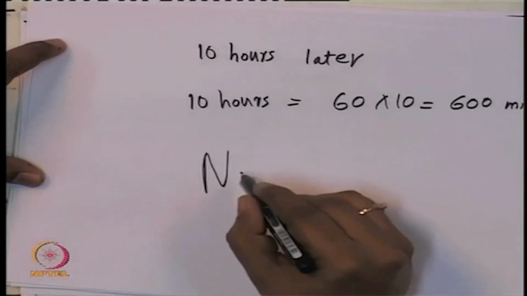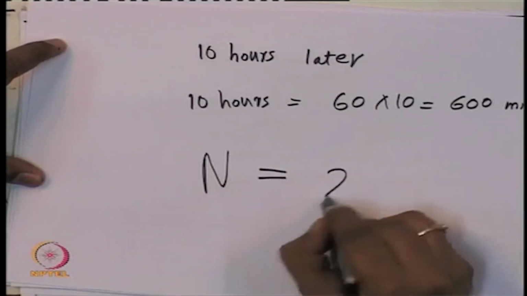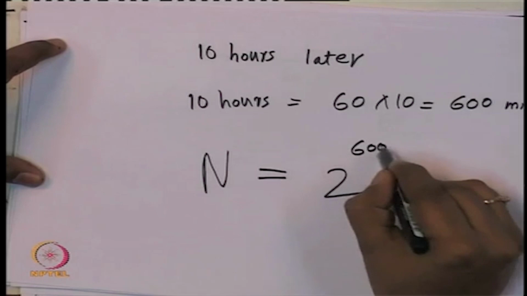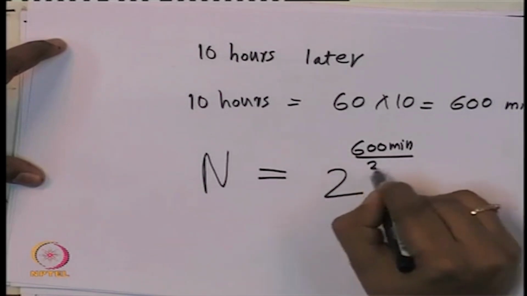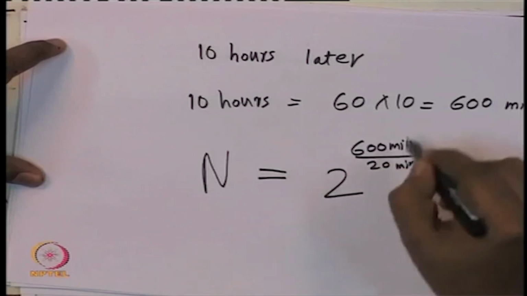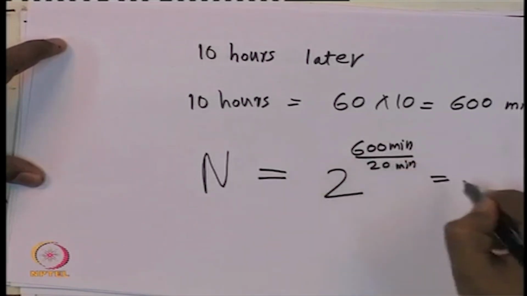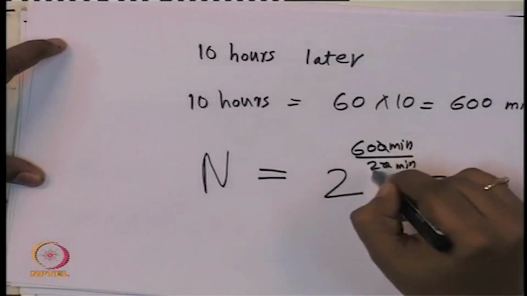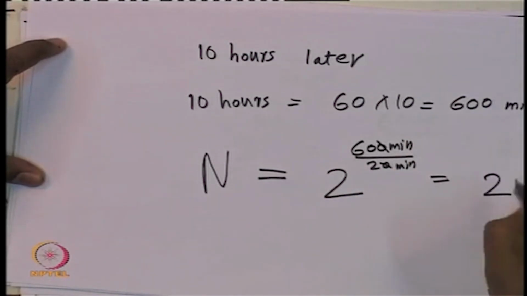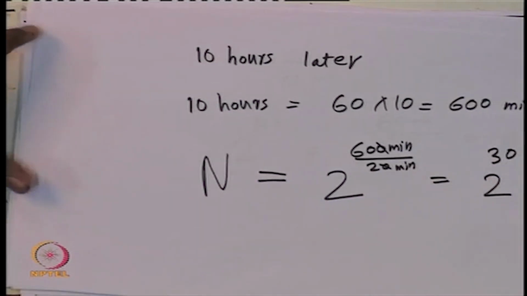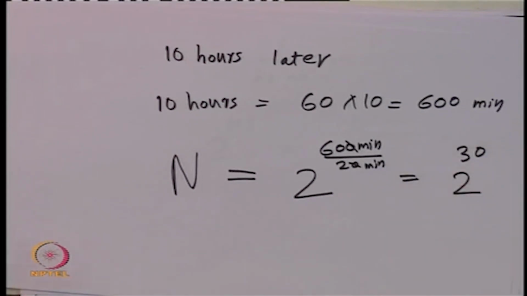So, the number after 10 hours will be 2 power 600 minutes divided by 20 minutes, which is 2 power 30. So, there will be 2 power 30 bacteria after 10 hours.